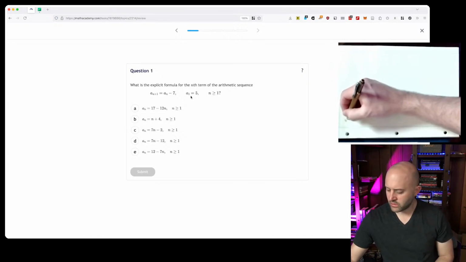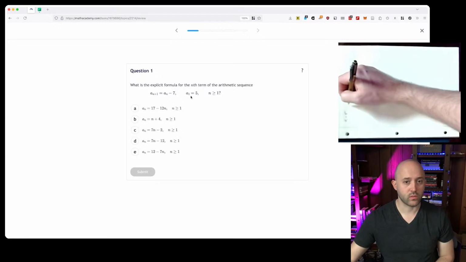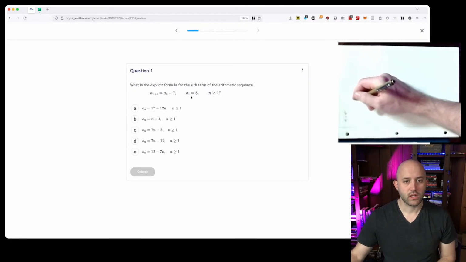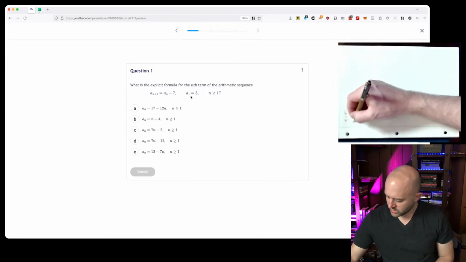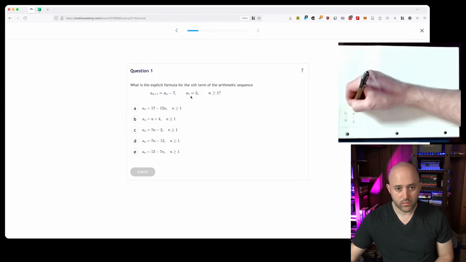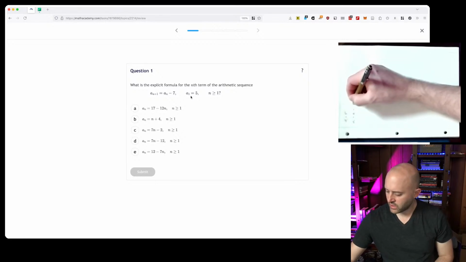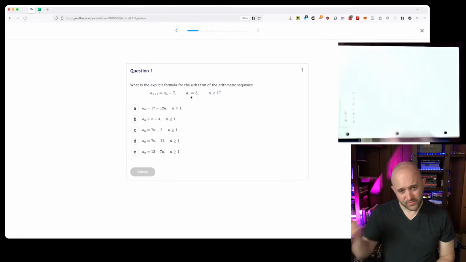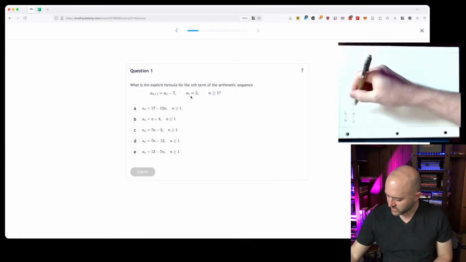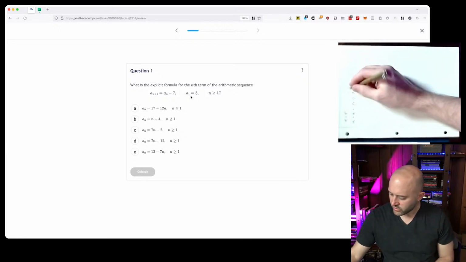So a1 is 5 and the common difference is minus 7. So an is going to be a1 plus n minus 1 times minus 7. Is that right? an is a1 plus (n minus 1) times minus 7.